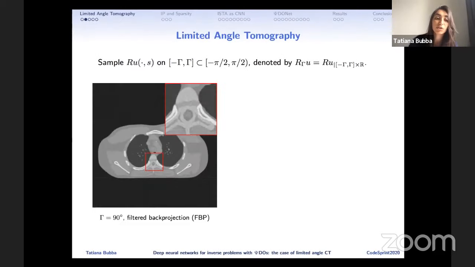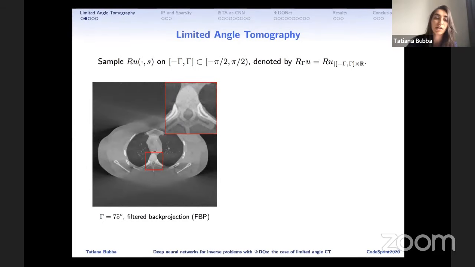Well, if we consider filtered back projection, which is the main analytical tool to reconstruct when we have full tomography data, and this is something that was also explained in detail yesterday, this is the kind of reconstruction you can achieve when gamma is 90 degrees, which means that we are sampling the whole thing. But if we keep using the filtered back projection to reconstruct our target, but we reduce the visible wedge, you notice that there are some parts that are not visible anymore, and some streaking artifacts, this line here, start to appear in the reconstruction.